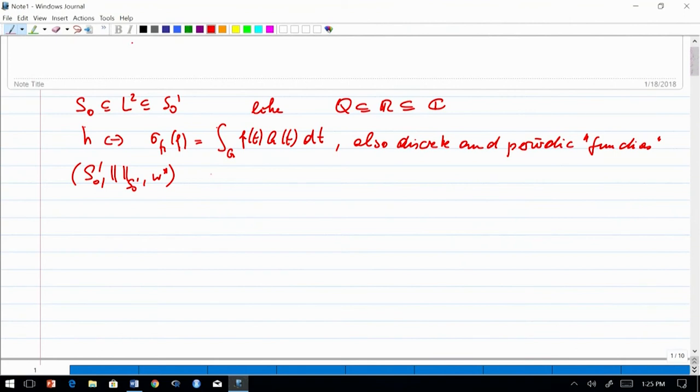So what does it mean that sigma n converges to a limit distribution? And I like to call the limit always by the same symbol with a 0 in it. And if this is a norm without symbols, this means I have to take the S0 prime norm, but the S0 prime norm can be shown to be equivalent to the maximum of the spectrogram.